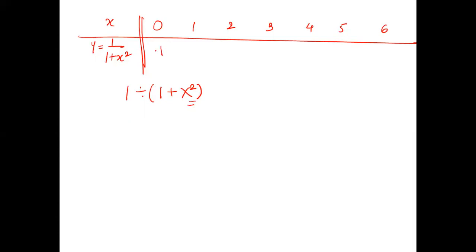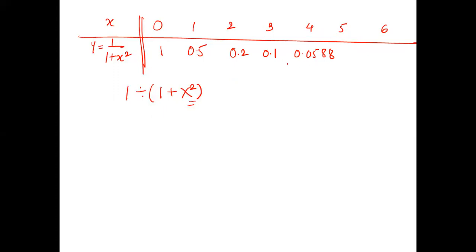1. Now calculate for 1. What is the value? 0.5. Correct. Do it for 2. 0.2. Correct. Do it for 3. 0.1. Very good. Do it for 4. 0.0588. At least 4 digits you should write.